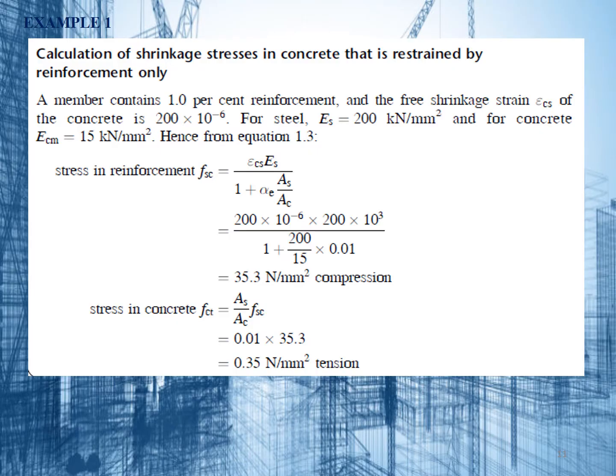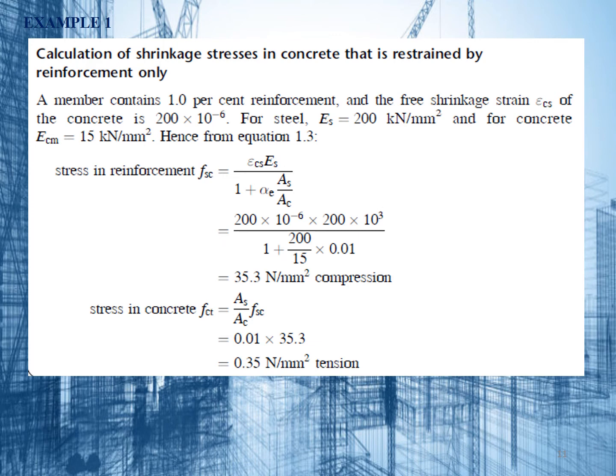By using example number 1, now we calculate shrinkage stresses in concrete. This is explained by the reinforcement quantity between epsilon CT and epsilon SC. Plug in the formula derived: epsilon CS equal to epsilon CT plus epsilon SC.